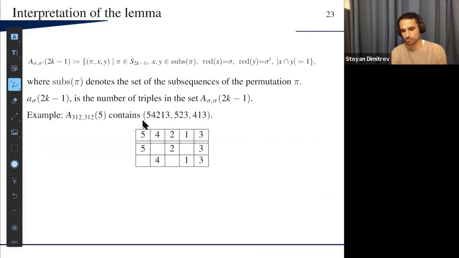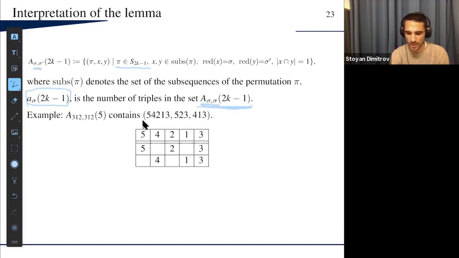This is the set of triples pi, x, y, such that pi is of this size and x and y are two subsequences of pi, which are order isomorphic to sigma and sigma prime respectively. And then the number I'm interested in, A sigma to k minus 1, is the cardinality of this set.